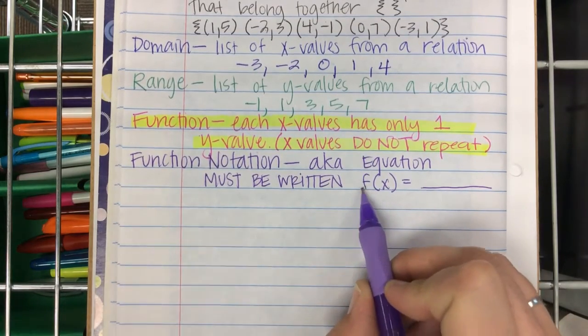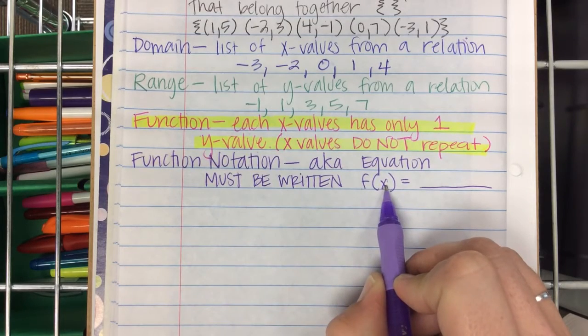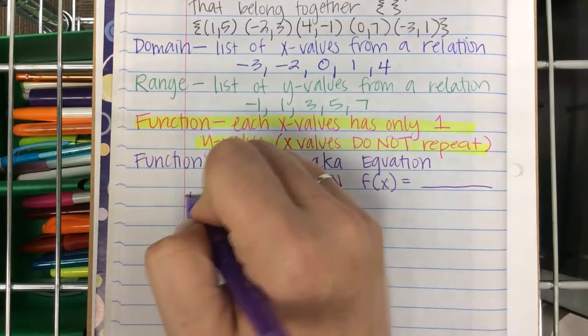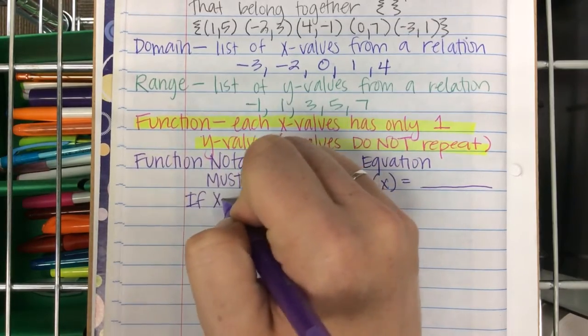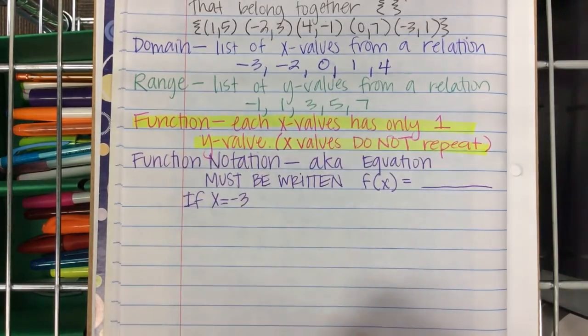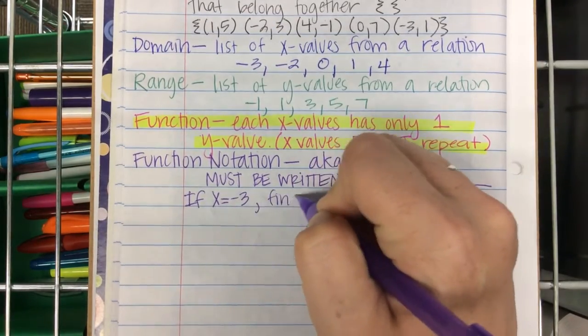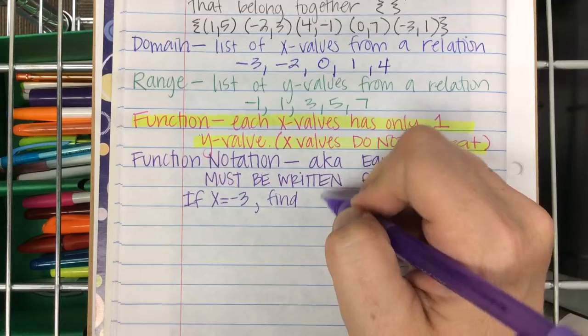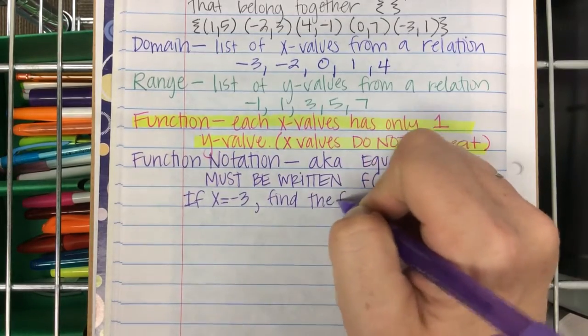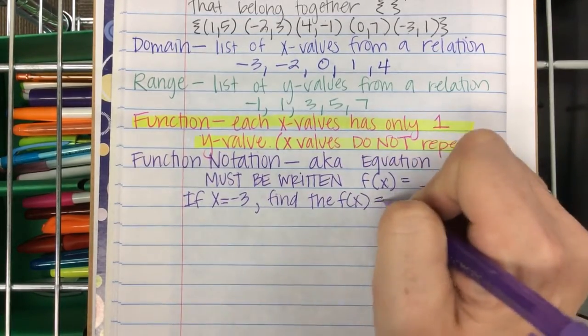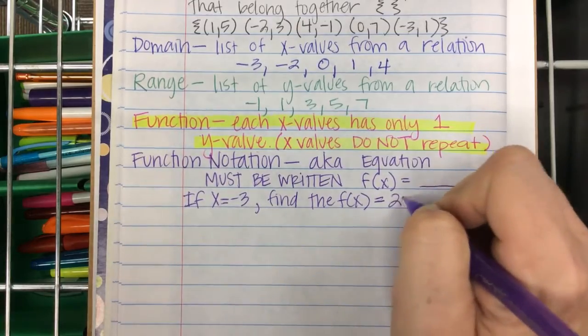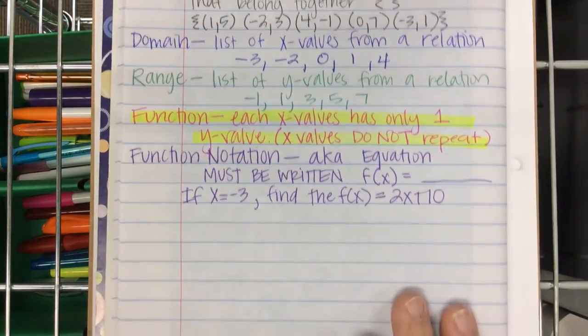And this stands for the function of x. So what you might see is it might say if x equals -3, find the f of x = 2x + 10.